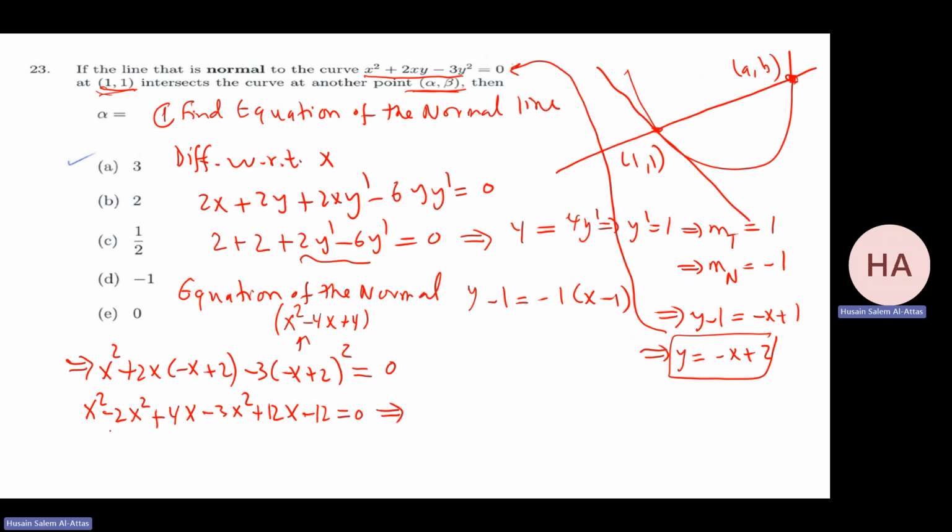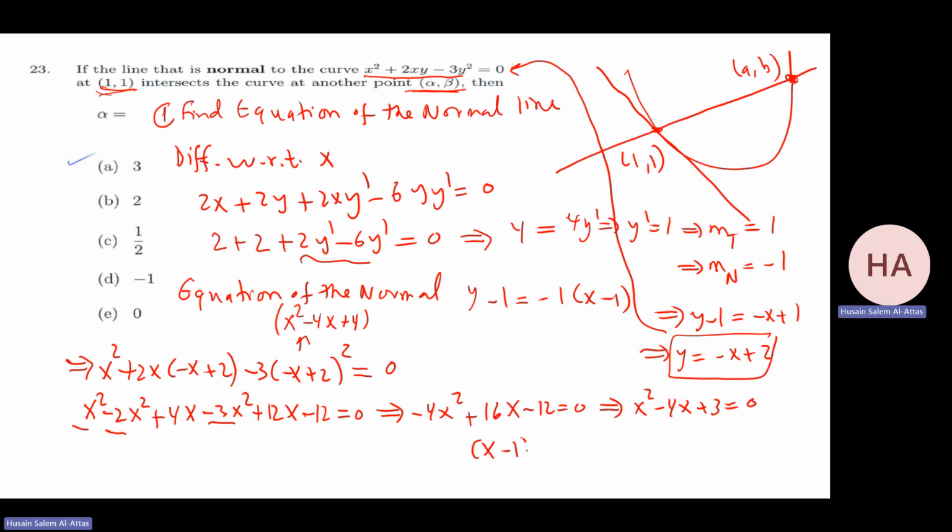So what do I have? I have minus 4x squared plus 16x minus 12 equals 0. Divide by minus 4, I have x squared minus 4x plus 3 equals 0.